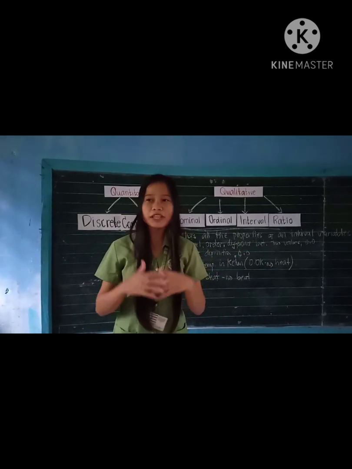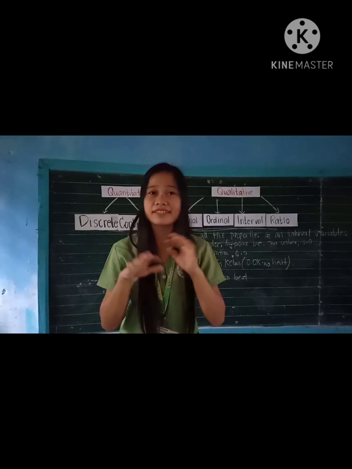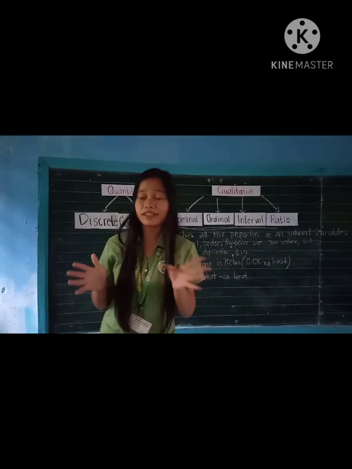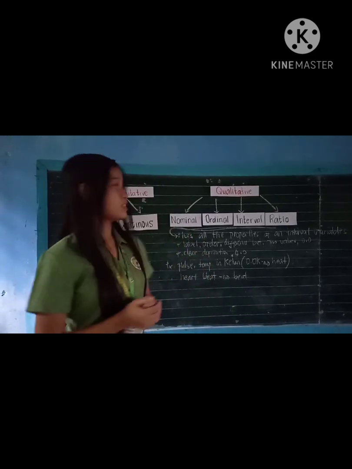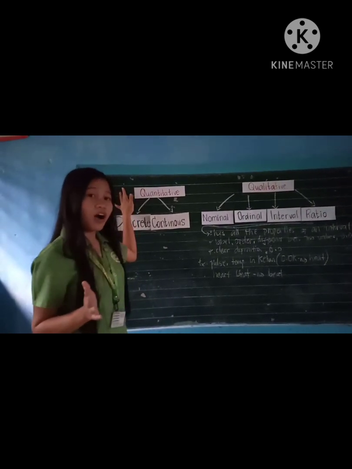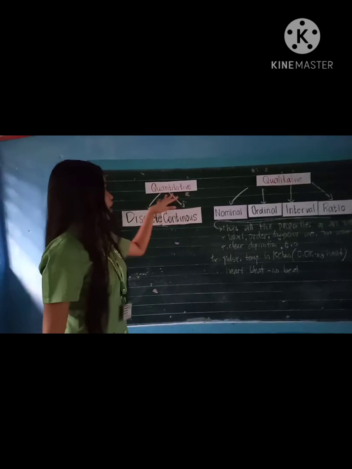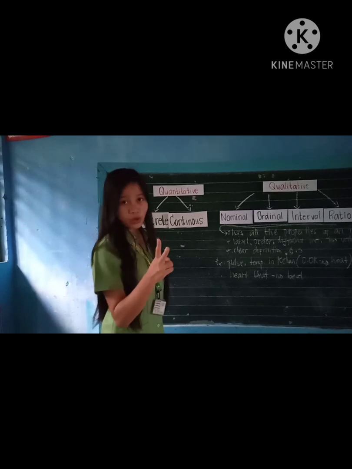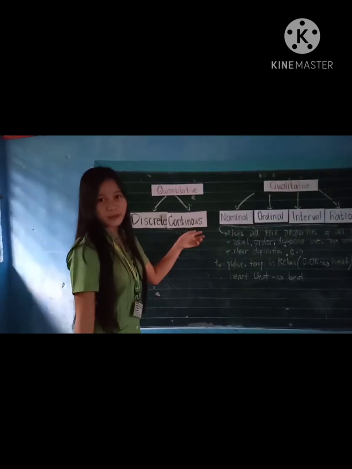Again, knowing the nature of data helps us to determine the exact statistical analysis that we can use when dealing with it. As I recall, the two basic types of data are qualitative and quantitative data. Under quantitative data, there are two classifications or types, which are discrete and continuous.